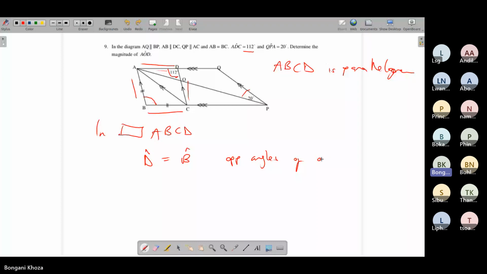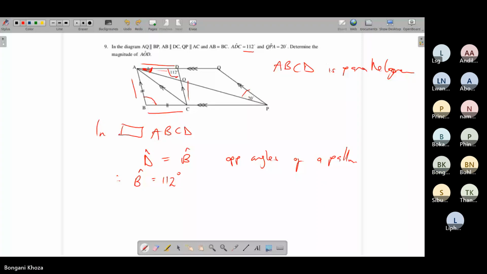Therefore, angle B over there is 112. So we now know the value of this angle. The approach I'm trying to take is to find a way to calculate the value of this small angle over here.